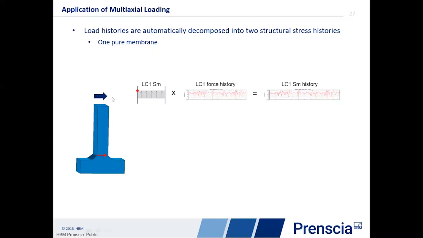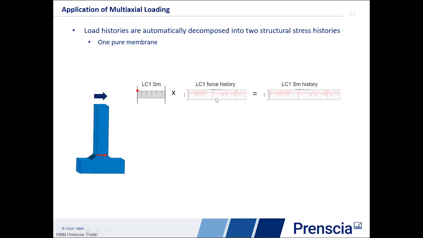And so in this case, I have a unit load applied to my structure. I take and analyze the path where the weld is going to crack through, and I linearize the stress here, and I capture the membrane portion of that stress. Again, the membrane portion would just be the part that would be a uniform stress across it. I take that structural stress value and I multiply it by the force history.